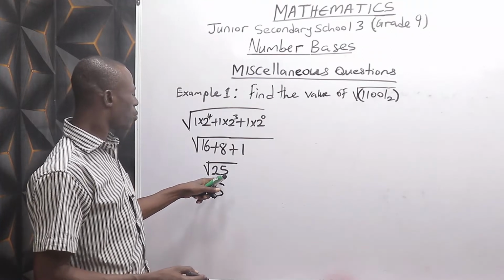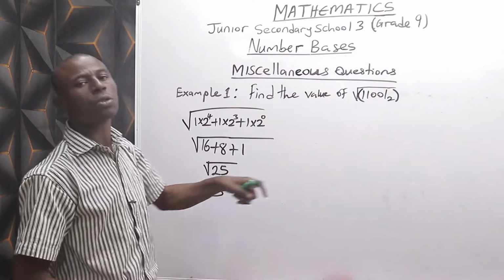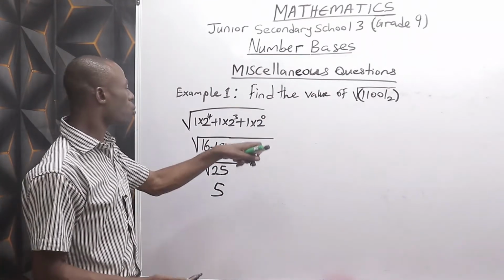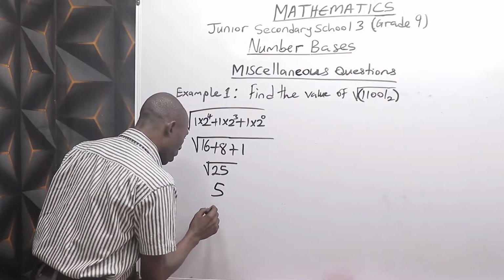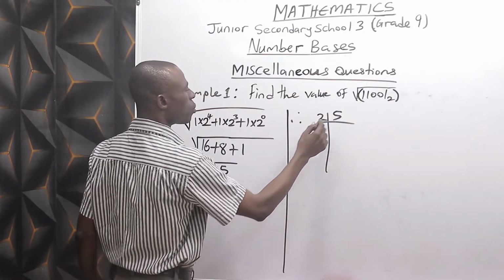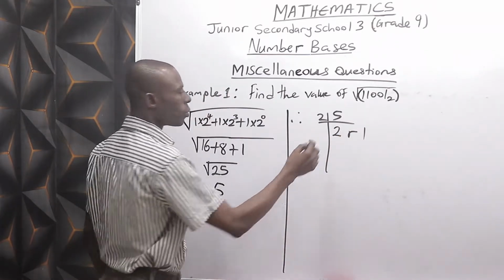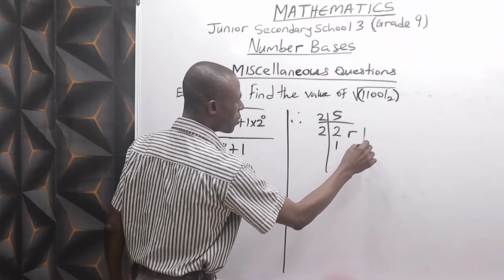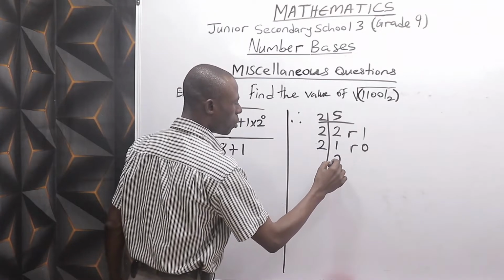But this number 25 is 11001 in base 2. So we have to convert this 5 in base 10 to base 2 to have the actual answer. Therefore, 5 in base 2: 2 divides 5, that is 2, remainder 1. 2 divides 2 once, remainder 0. 2 in 1 is not possible.